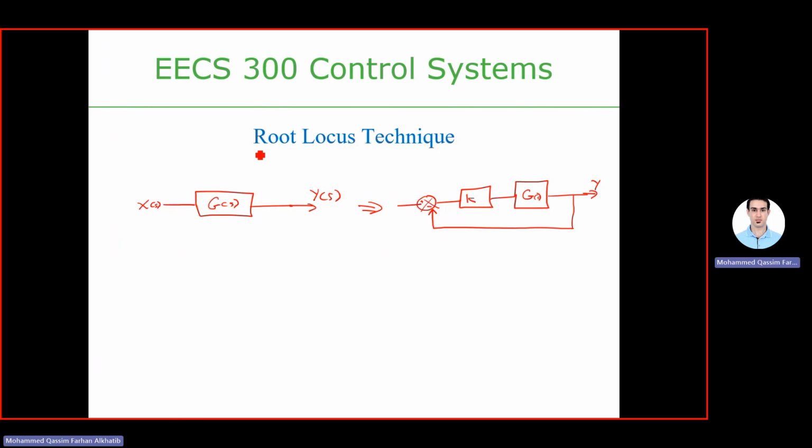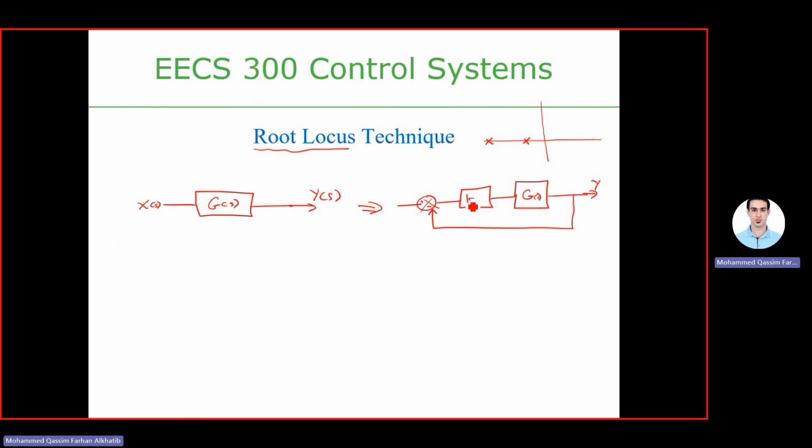Now, the whole thing about the root locus is to determine the behavior of the system for different values of K. So first, you start by locating the poles in the S-plane. Let's assume that you have poles here and there. Then if you vary K, that's the initial case when K is 0.